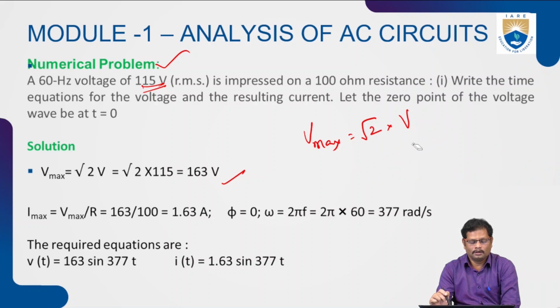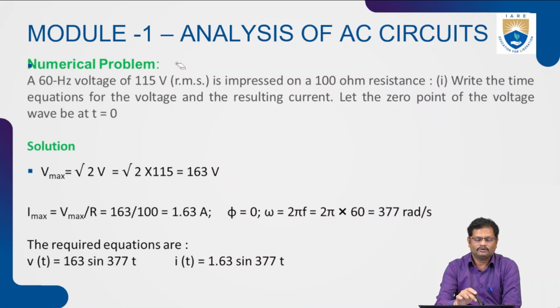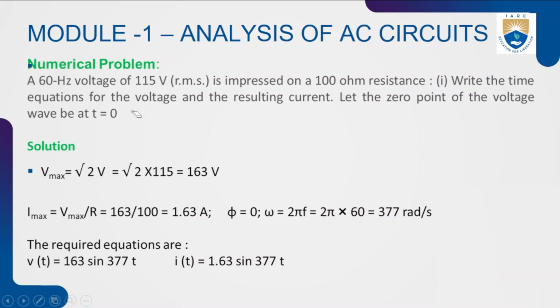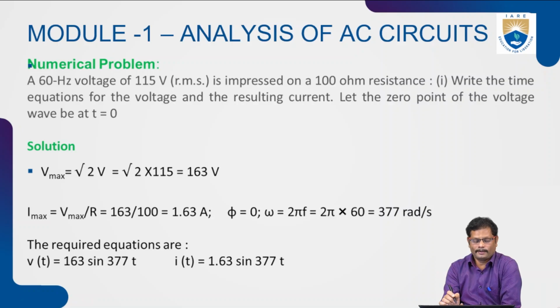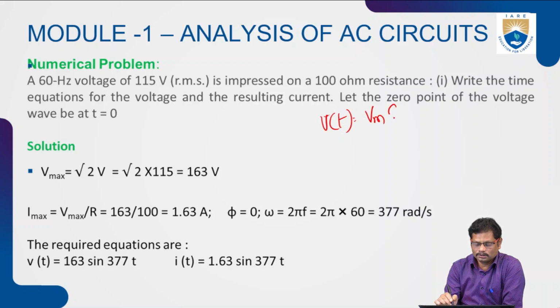Next, the required equations. So it asks for the time equations for the voltage and current. So now we can apply the Vm and Im values. We can write V of t and I of t. So V of t equals Vm sin omega t. Omega value we know already, and Vm value is 163 volts.